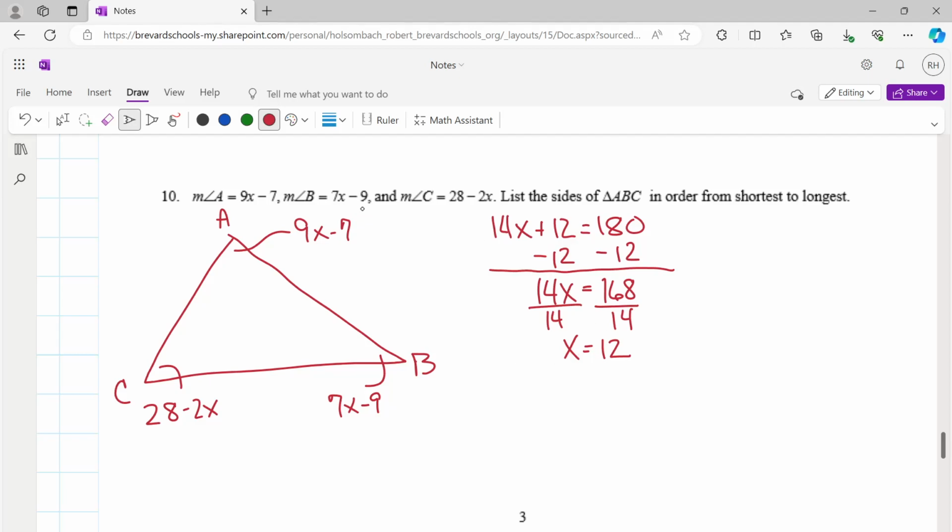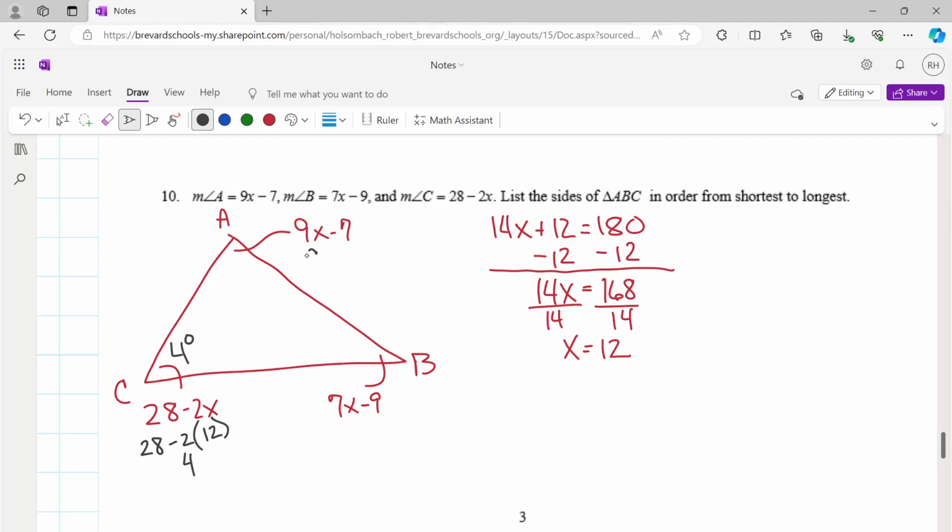So now we're going to go back to each angle and substitute a 12. So angle C is equal to 28 minus 2 times 12. That should be a 12, not a 112. 28 minus 24 is 4. So angle C is 4 degrees.